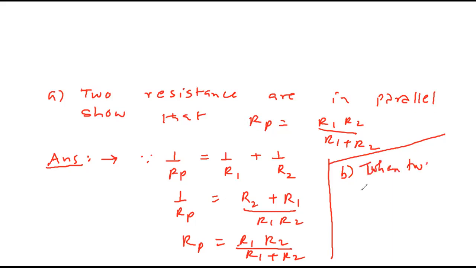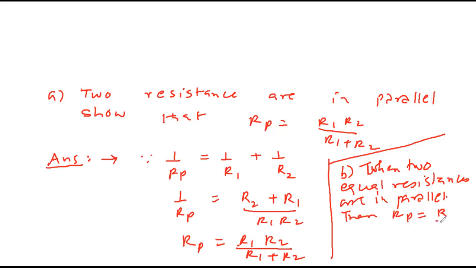Then, when two equal resistances are in parallel, then Rp equals R upon 2. Second also write down.